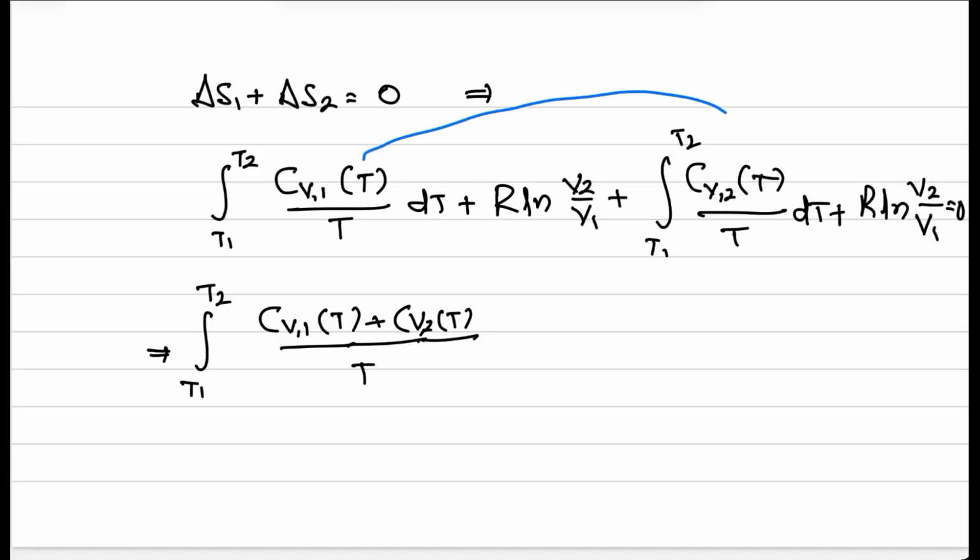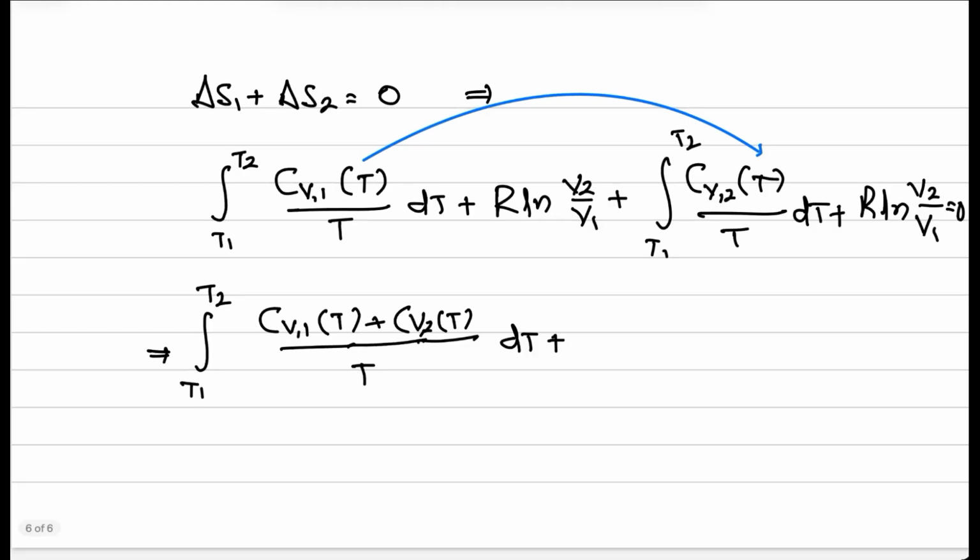I think there should not be any confusion for you how I am getting these equations. dT plus 2 into R into ln V2 by V1, that is equal to 0.